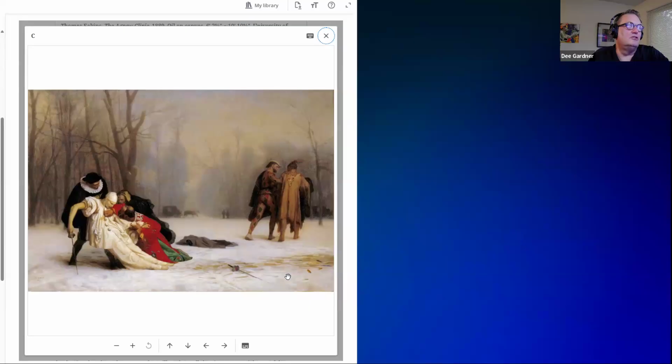And so the other thing to notice in here is the artist has taken away detail from stuff that he doesn't want us to look at. He wants to tell us the story, because he is telling us a story here, but he wants us to look at this poor fellow that's been stabbed in this duel. And so he takes away the detail of almost everything else.